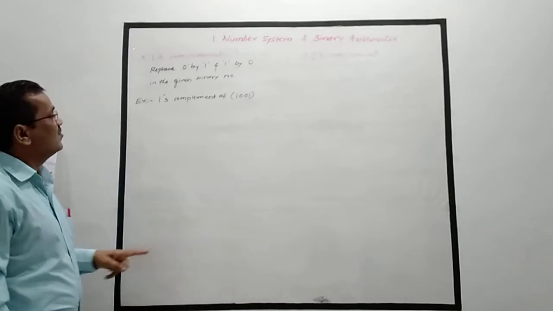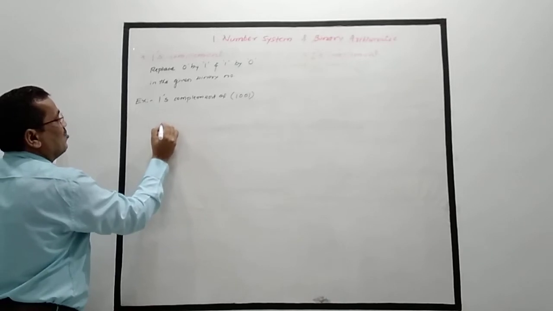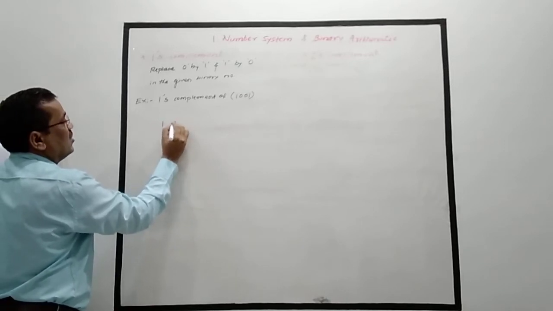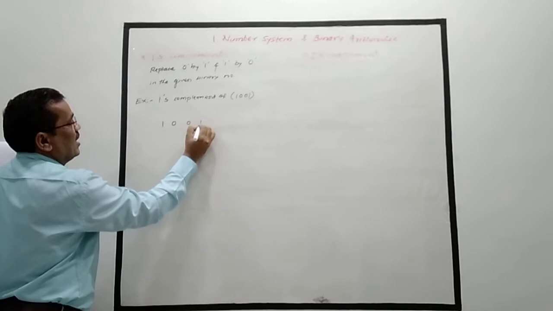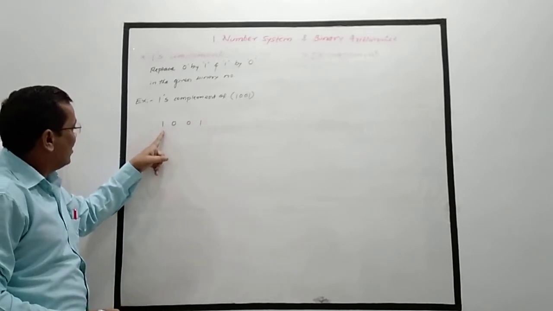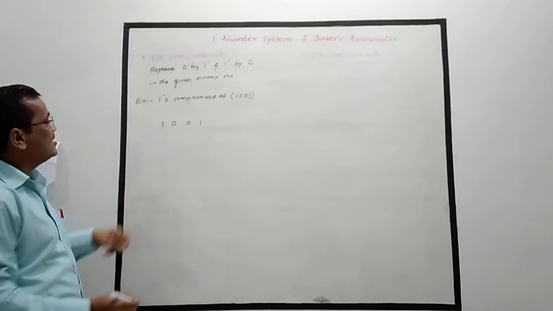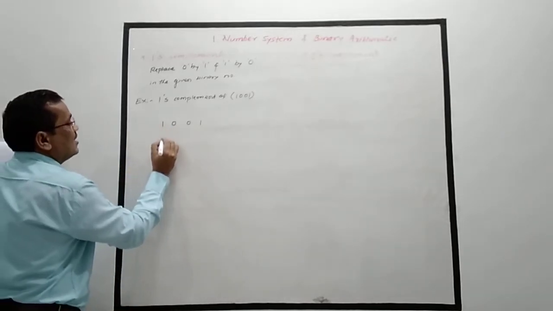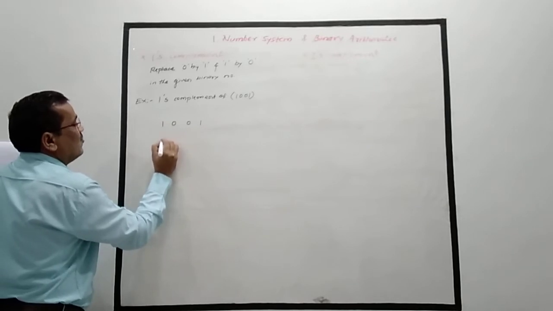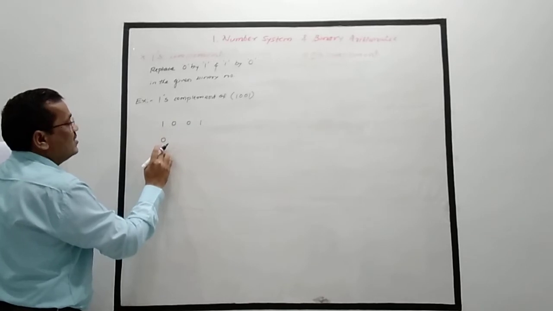According to the definition, write the given binary number 1001. Replace 1 by 0 and 0 by 1. That means 0 is replaced by 1 and 1 is replaced by 0. So here is 1, you should write 0.